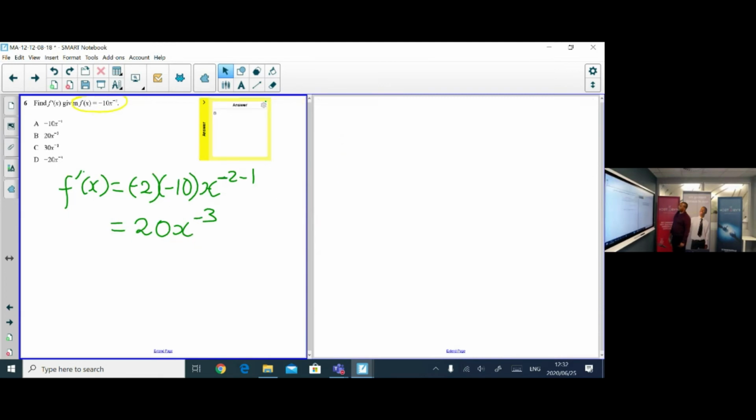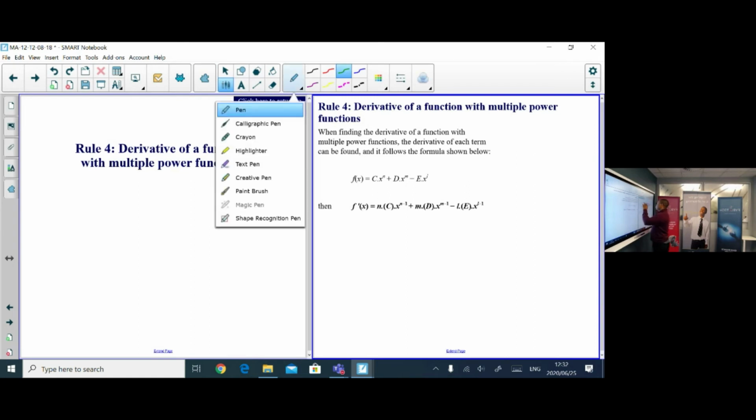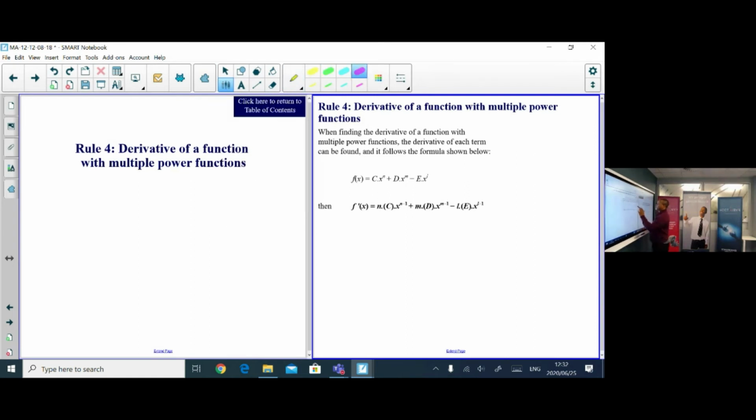Let's see what else can happen if you have a derivative of a function with multiple power functions. So you're not just having one function with the power, but different ones. So that will be a bit of an interesting scenario where you have that for your function. So nothing changes much here.